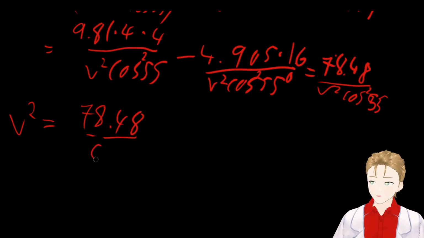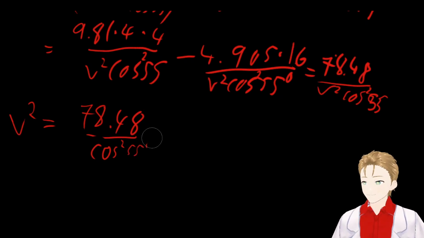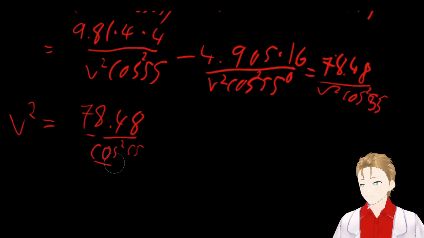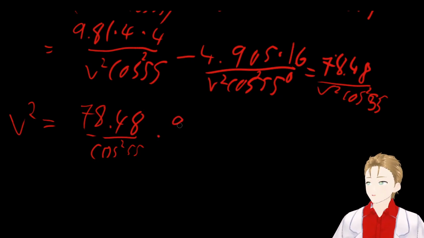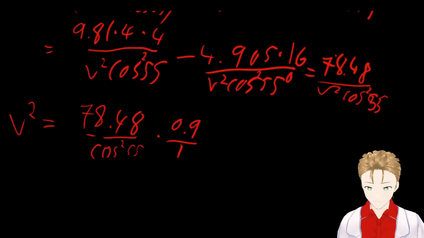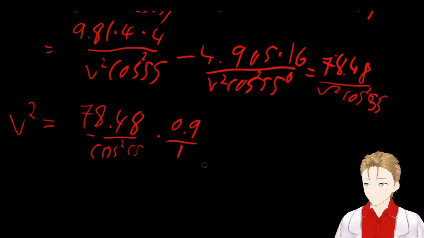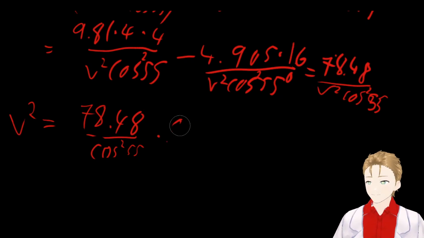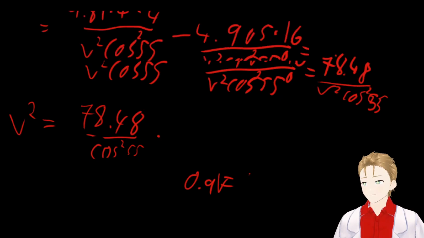No, cosines go 55 degrees all over, times 0.941. Maybe no, it's 0.9 to get it there. We get it here.